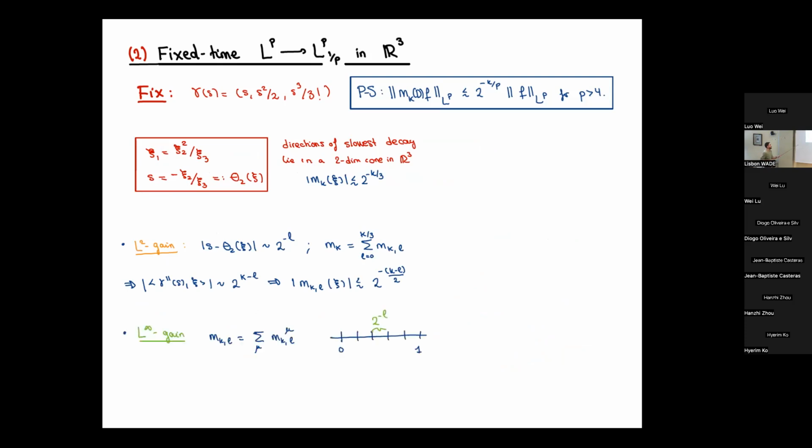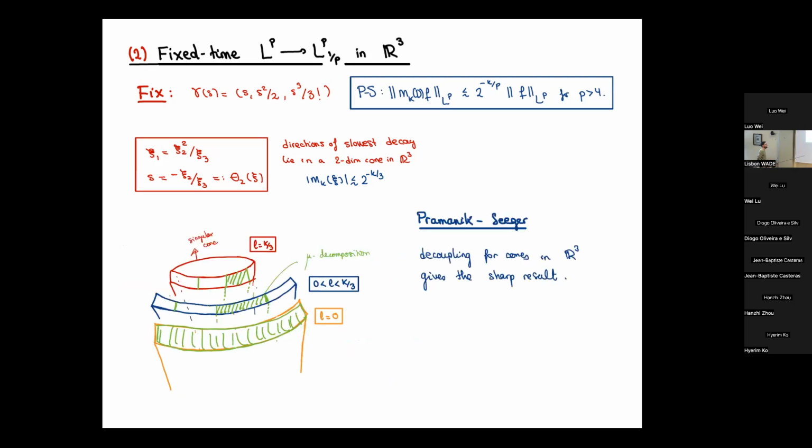Again, this is equivalent to localizing to a certain critical point in S, but it doesn't give an L infinity gain. If we want an L infinity gain, we do the same thing as I introduced earlier: we break into pieces. That gives you a better L infinity and a better LP bound, by interpolation.